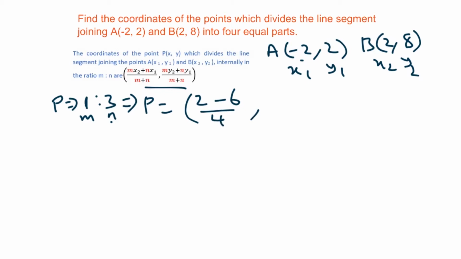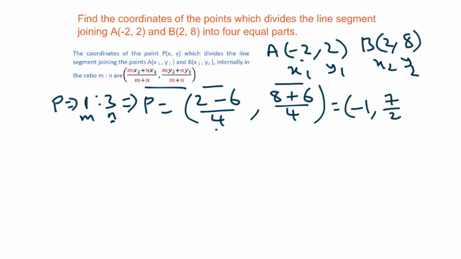Again, my2 is 1 times 8 is 8 plus ny1 is 3 times 2 is 6, divided by 4. 2 minus 6 is -4, divided by 4, which is -1. Eight plus 6 is 14. 14 divided by 4 is 7 by 2.